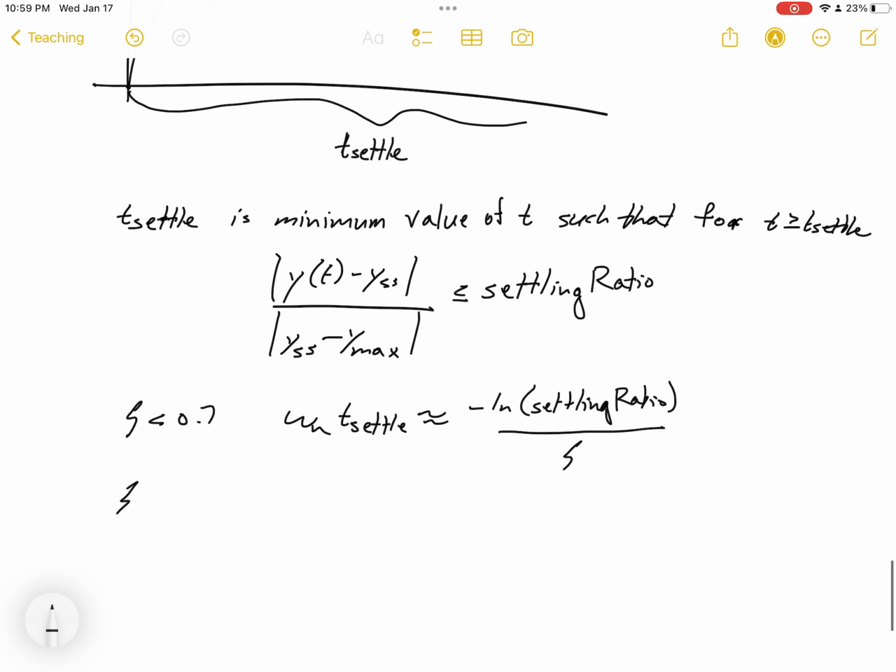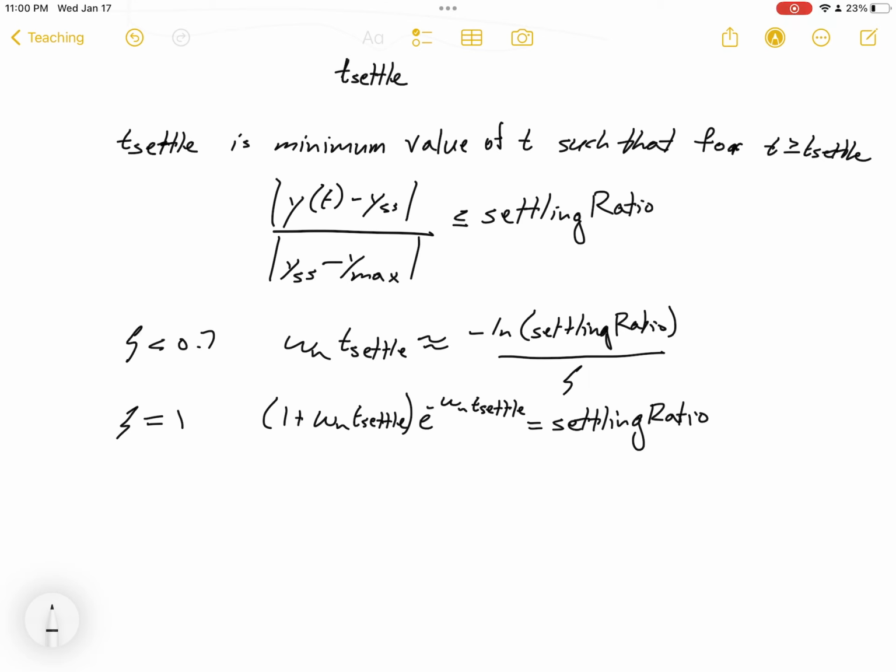If zeta equals 1, then you have 1 plus omega n t settle, times e to the minus omega n t settle, equals the settling ratio. So these equations are getting pretty complicated. They get more complicated, but we'll just provide these.